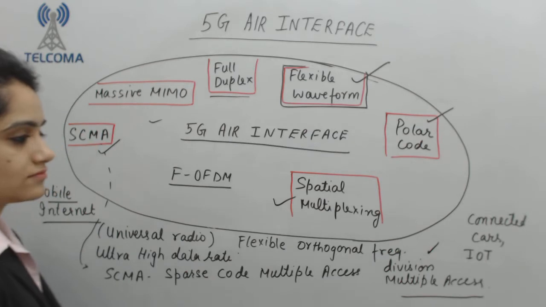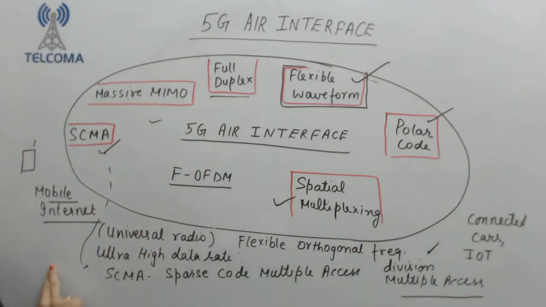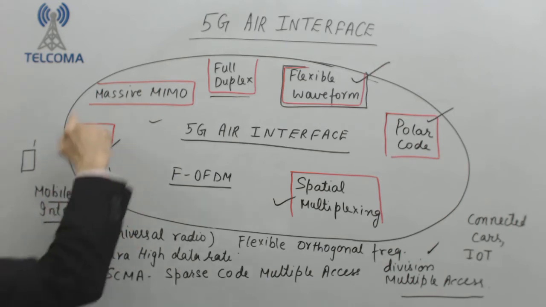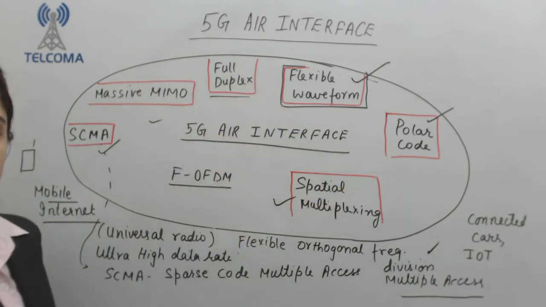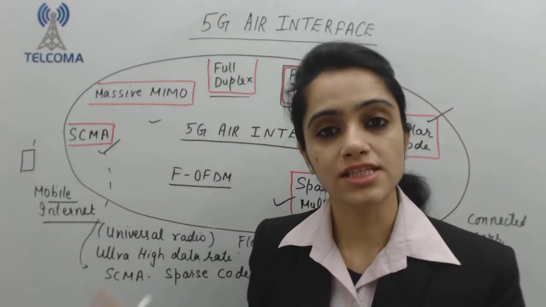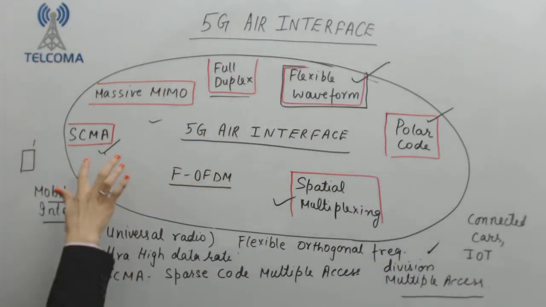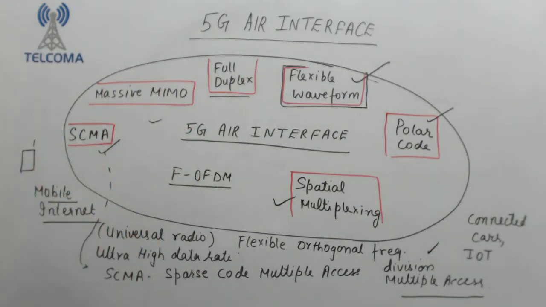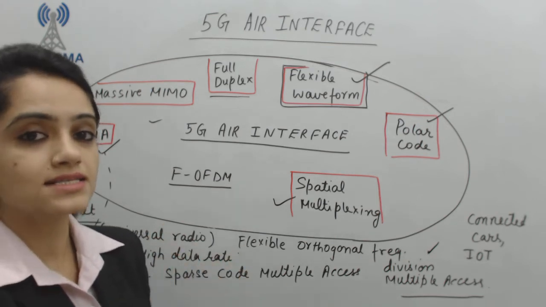Now, as my requirement is IoT or high data rate at both ends, these are the things that will work in this part, which is the air interface. Then and only then will it be possible to achieve the 5G requirements. Starting with the very first, Sparse Code Multiple Access, it is one of the multiple access techniques that will increase the speed.